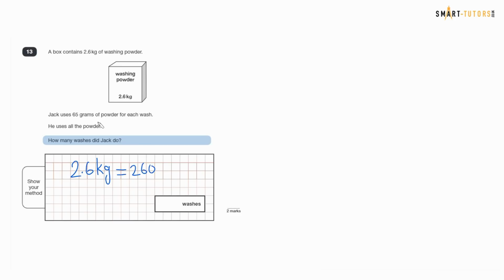2,600 divided by 65 equals how many washes he has used, which is 40 washes.